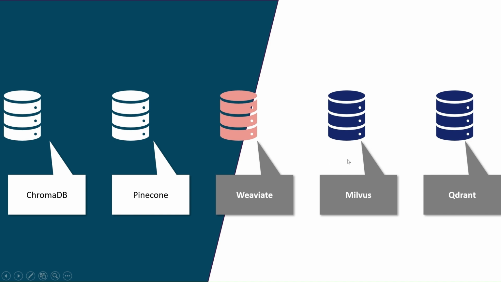And the next one is Milvus. It's again a highly scalable open source database optimized for large scale similarity search. It's extensively used in PDF parsing, embedding, and search. And the last one is Qdrant. It's again an open source, focused on high recall, performance, and ease of integration with any AI application.